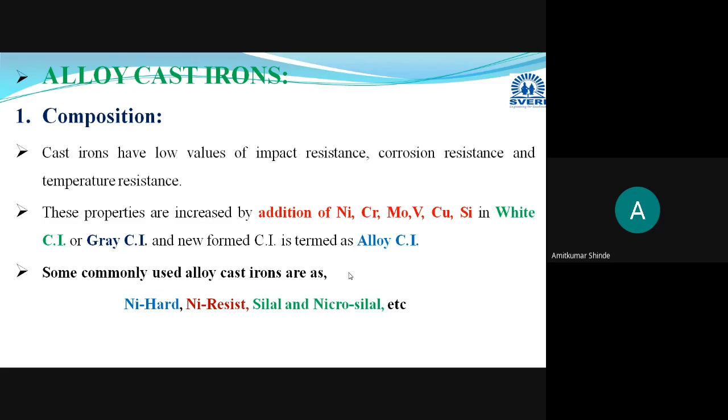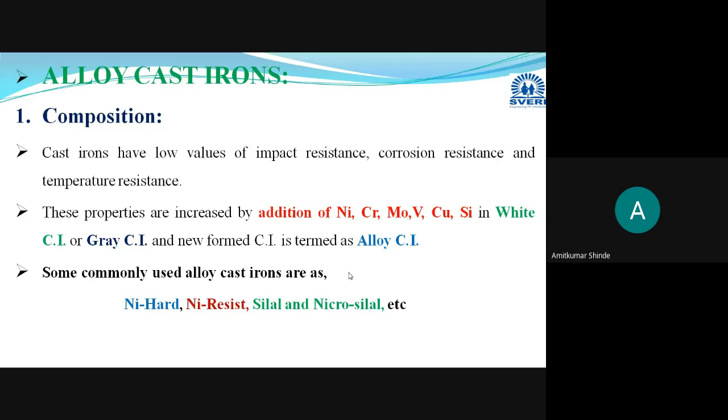So to improve impact resistance, corrosion resistance, oxidation resistance, and temperature resistance, so that we can use these cast irons at higher temperature applications also, we add certain alloying elements like nickel, chromium, molybdenum, vanadium, copper, silicon in the existing cast iron only, in the white cast iron or in the gray cast iron.